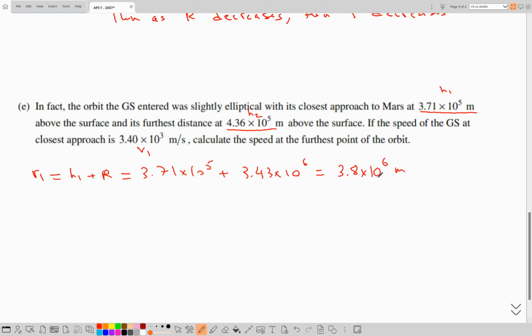What does this distance represent? It is the closest distance along its orbit, and R2 is given by H2 plus R. Now H2 would be 4.36 times 10 to the power 5, and R is fixed to be 3.43 times 10 to the power 6. Plugging that on the calculator, we would have 3.87 times 10 to the power 6, and as you can see, the difference is very small. For this reason, we need to take a few decimals.